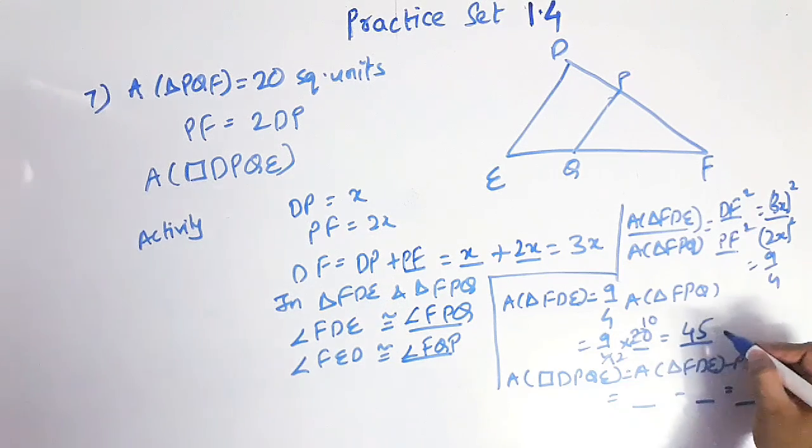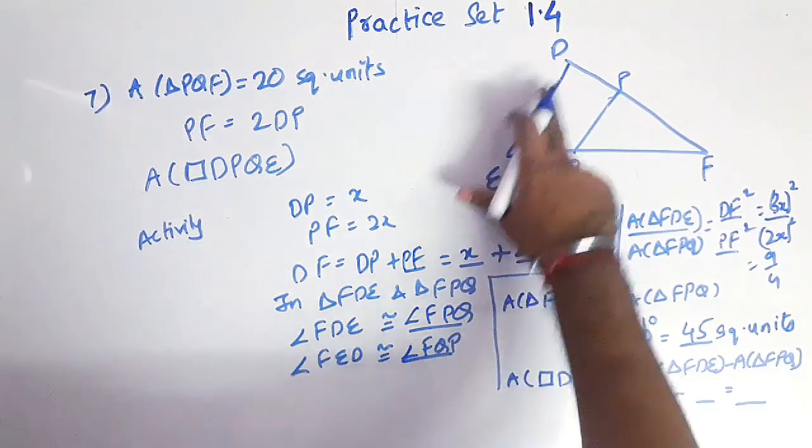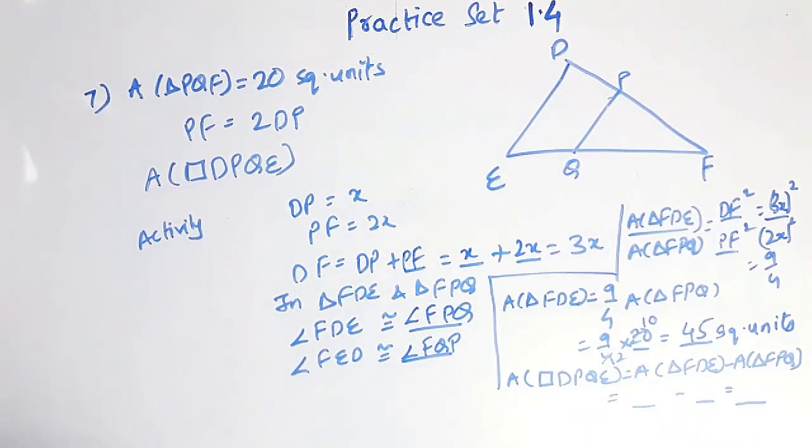So I'll write 45 square units. Now this quadrilateral of course is the difference of the bigger triangle minus the smaller triangle. So I'll subtract: 45 minus the smaller triangle, which is 20. So how much is your answer? It is 25 square units.